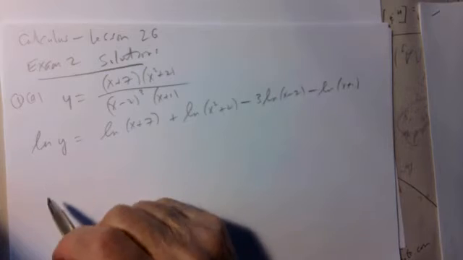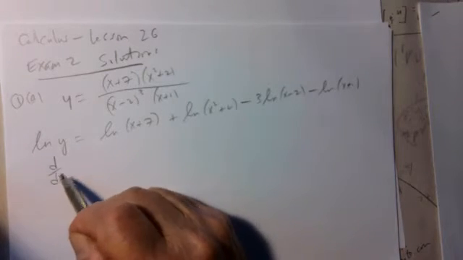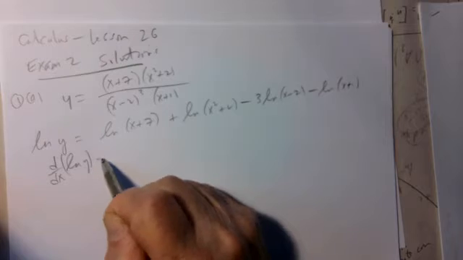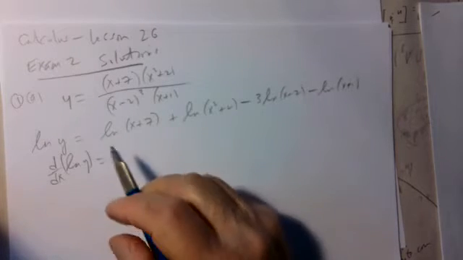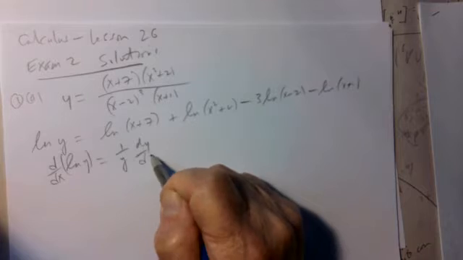And then when you differentiate with respect to x, the derivative with respect to x of log y, on the one hand, by the chain rule, that's 1 over y times dy/dx.